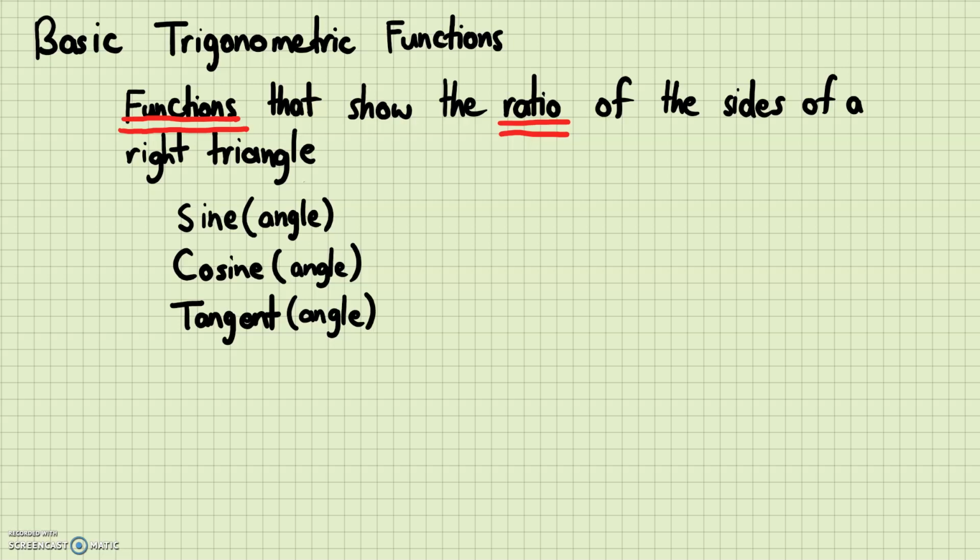And what are these the ratios of? Sine is the ratio of the opposite side to the hypotenuse. Cosine is the ratio of the adjacent side to the hypotenuse.